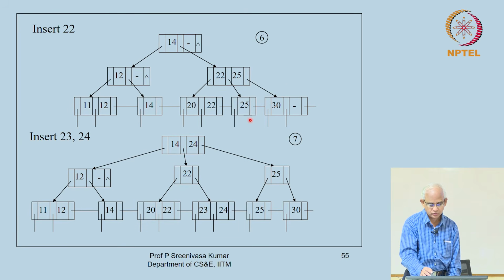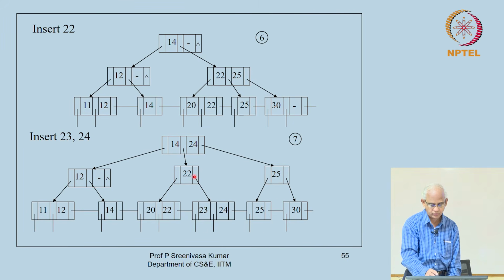That will cause a split of the internal node, because four leaves have come into the picture. So, that will create a split here. You will now see that the split will not propagate further. 22, 25 are created.